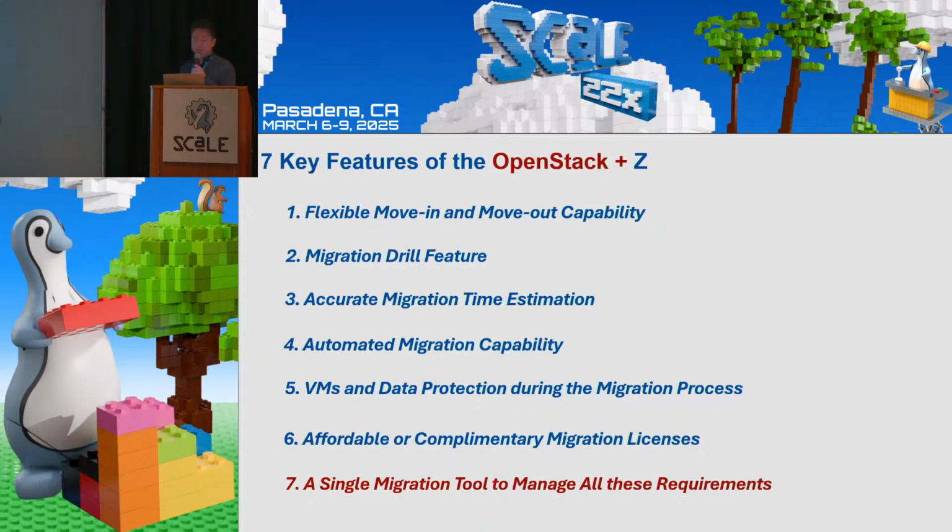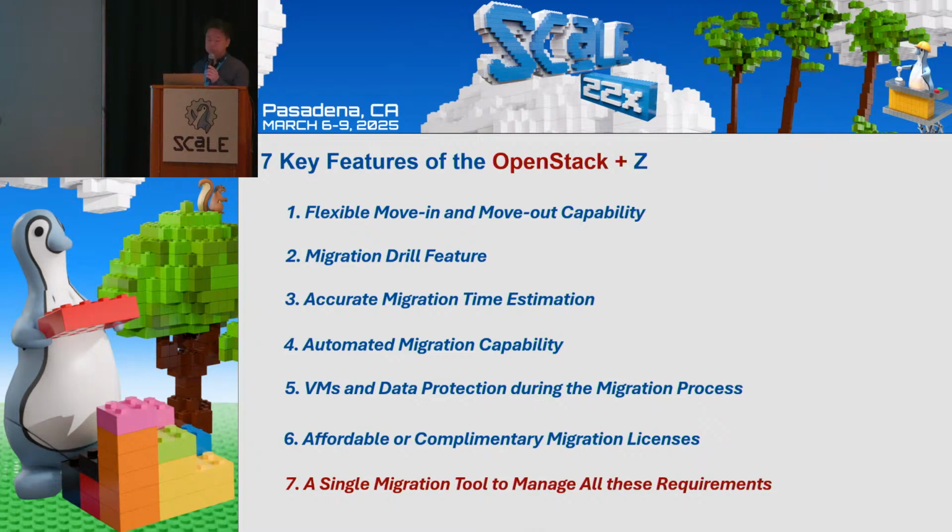These are the 7 key features of the OpenStack Z project. First, flexible move in, move out capability across multi-hypervisors or cloud platforms.